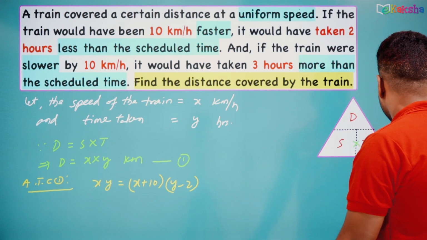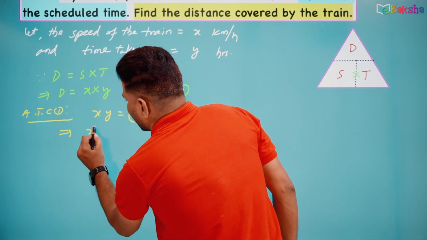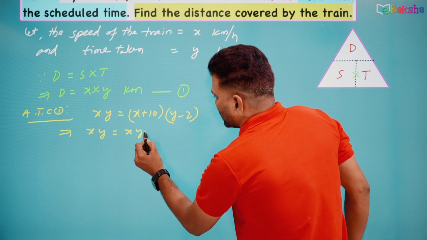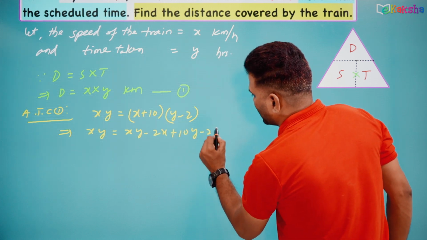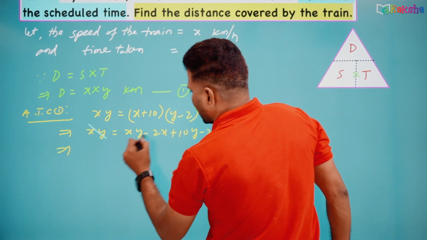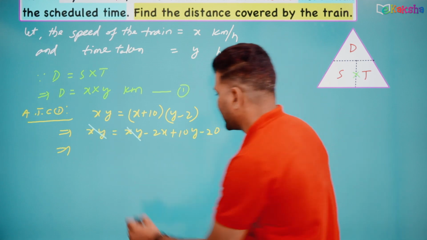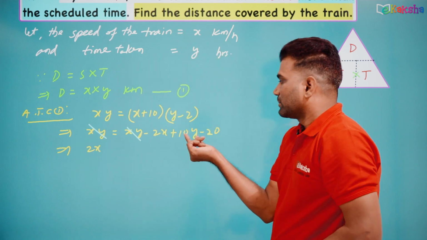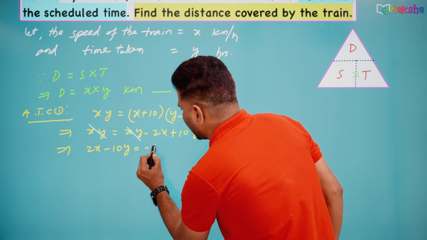On simplifying further into linear form, this becomes xy is equal to x into y, xy, x into negative 2, negative 2x, plus 10 into y, 10y, 10 into negative 2, negative 20. From this, on both sides xy gets cancelled. On shifting all the variable terms to the left-hand side, negative 2x comes this side as positive 2x, positive 10y comes this side as negative 10y, equal to negative 20.